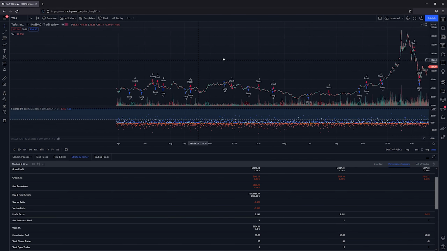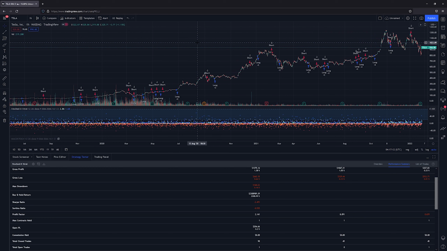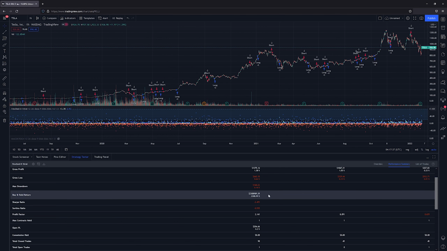But it's good to know, because if you have your strategy set to trade for a certain period of time and you find out that it's better to have just bought and held it than what your strategy did, then you know that your strategy is worthless. And so that's really, really useful to know.